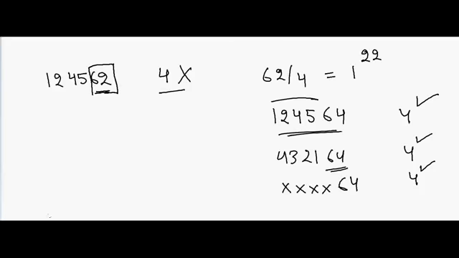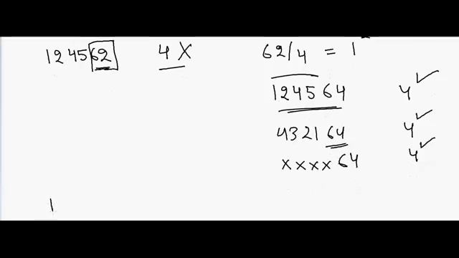Now let's write the number again: 1, 2, 4, 5, 6, 2. Is this number divisible by 5? No, because for it to be divisible by 5, the last digit should be either 5 or 0.